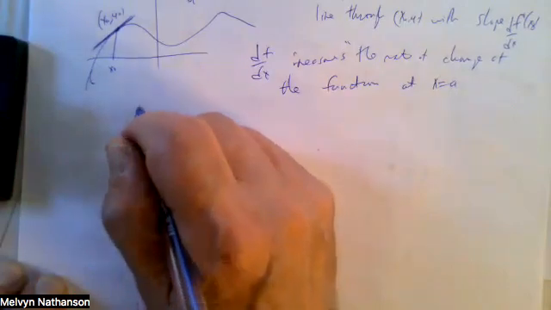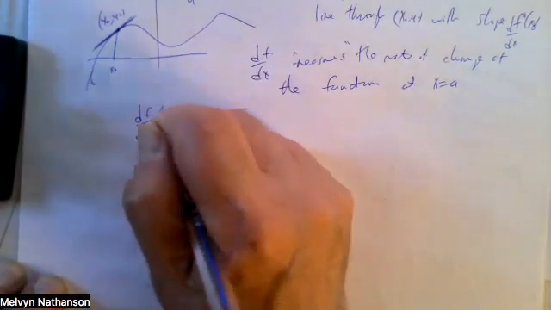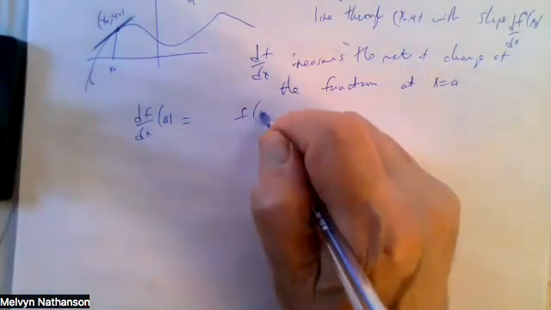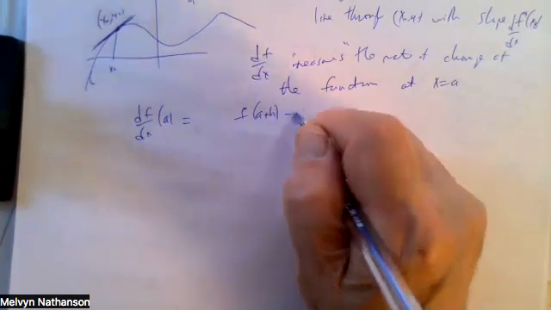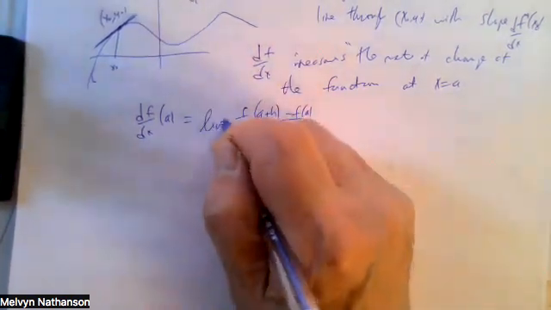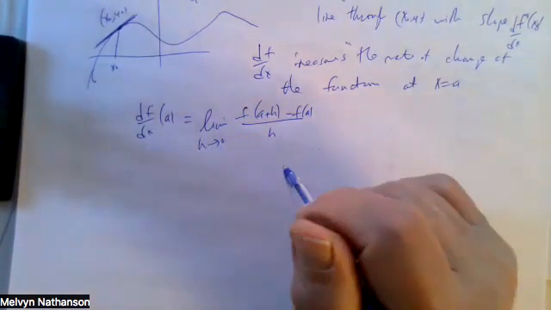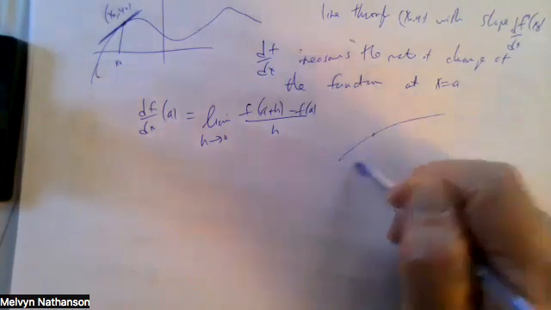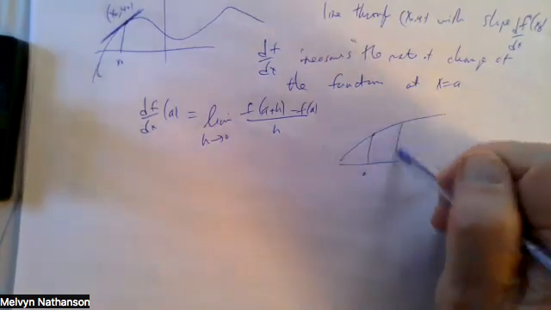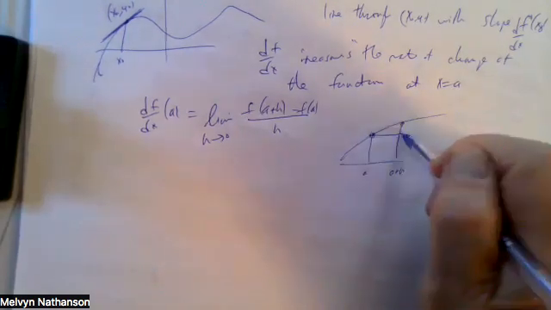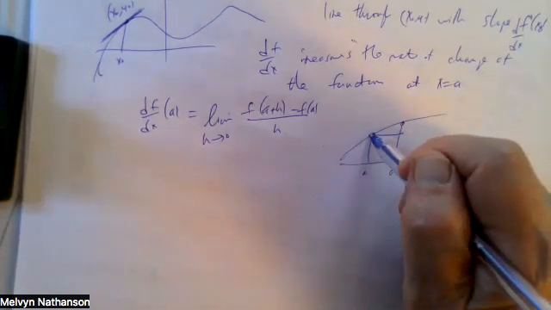We define the derivative of f at a. You take f of a plus h minus f of a, divided by h, and take the limit of that as h goes to 0. It's like, here you have a, here you have a plus h. This height is f of a.